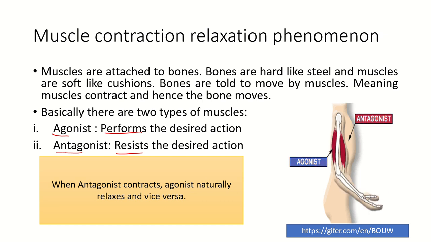The person will be confused whether to bend the elbow or to straighten the elbow. So, our God has nicely designed the human body so that agonist and antagonist work efficiently in an opposite manner. When your elbow is flexing, the opposite muscle has to relax. And when your elbow is straightening, the opposite muscle has to relax.